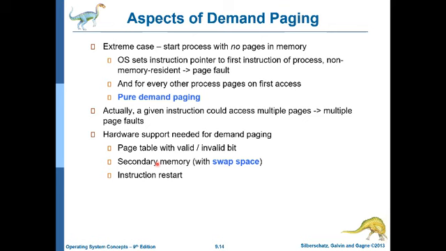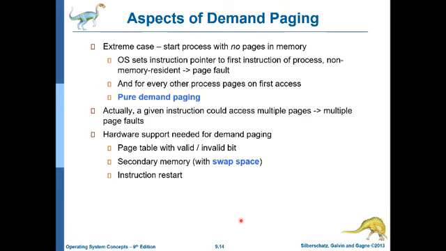In both these cases, you can see that the number of page faults is quite high for any program. To implement this, we will need support from the hardware, which means that the page table will have a valid or invalid bit. Also, you will have the secondary memory with enough swap space to actually support this paging.